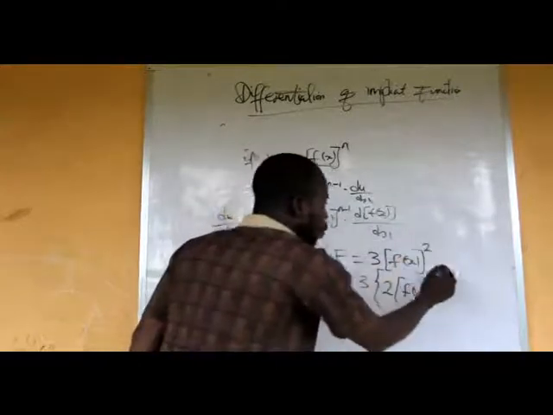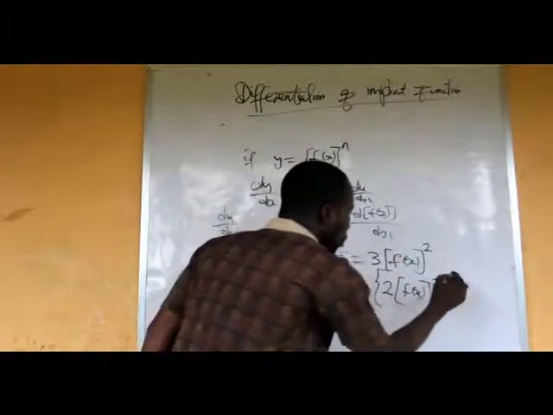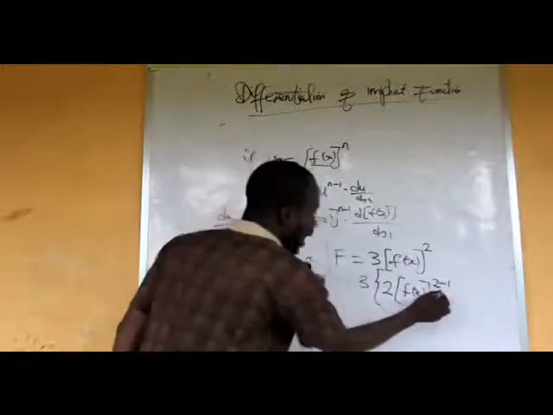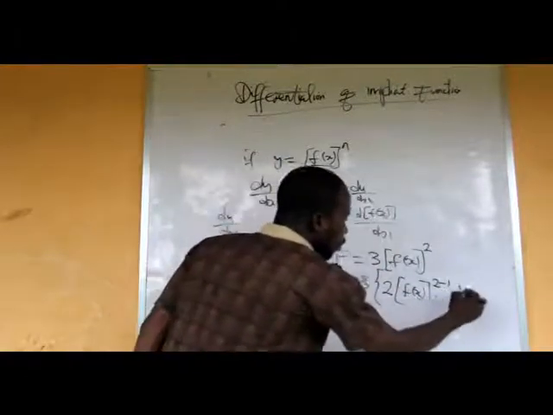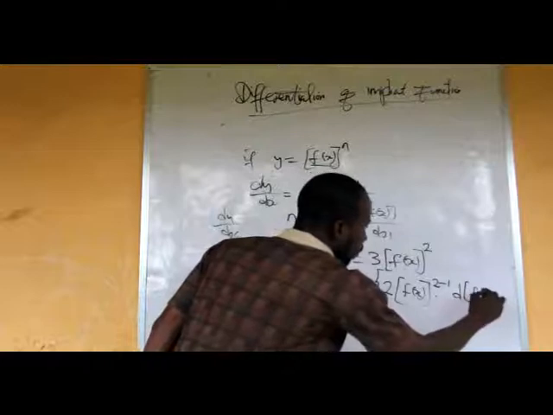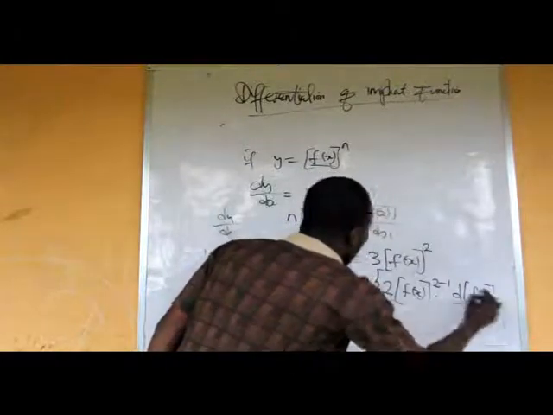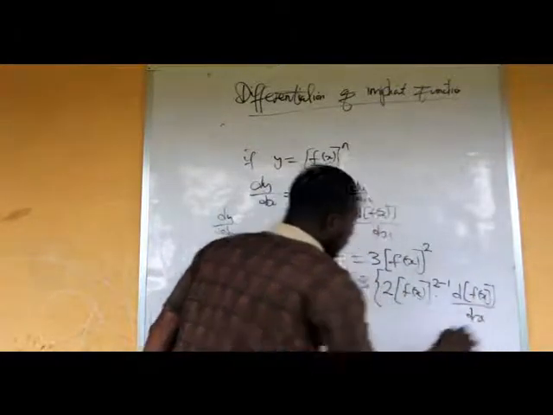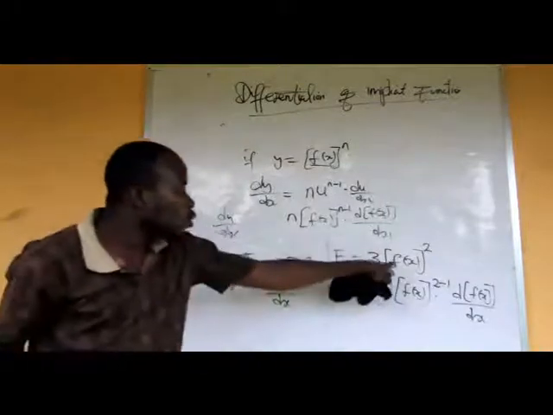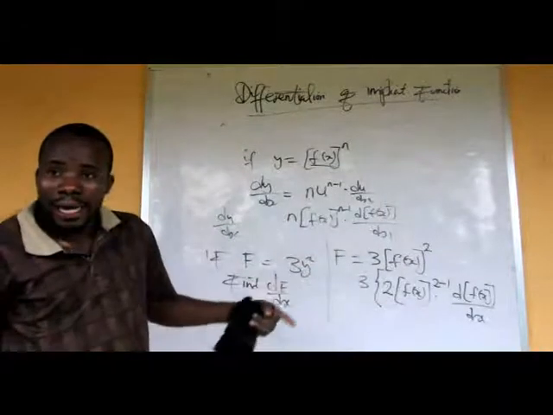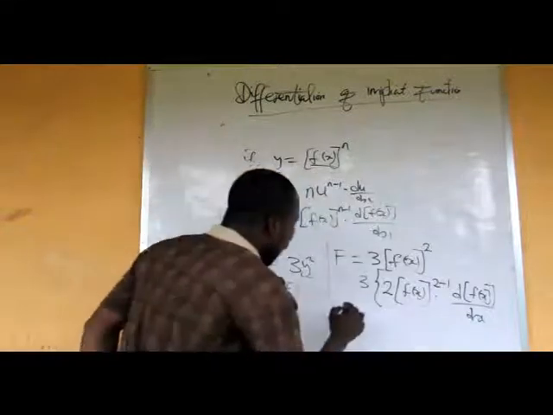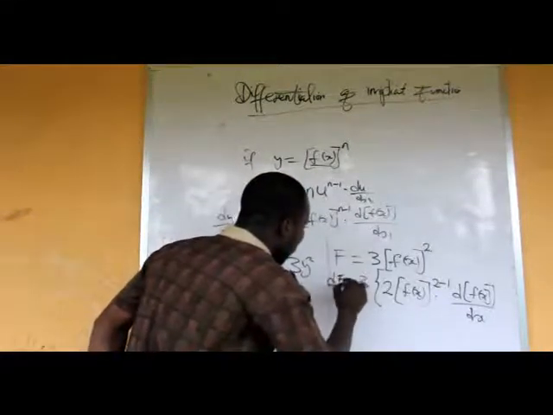Here the n is 2, 2 minus 1, times the differential of the function, f of x, all over dx. Now, since this function was actually called y, we can replace it by y.